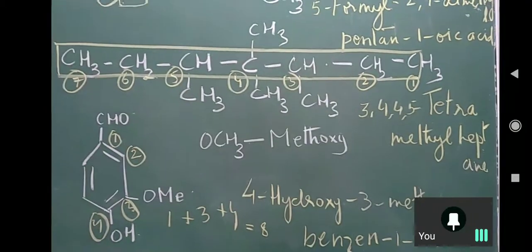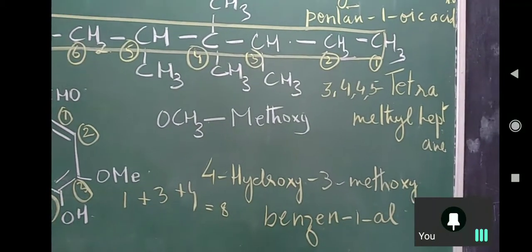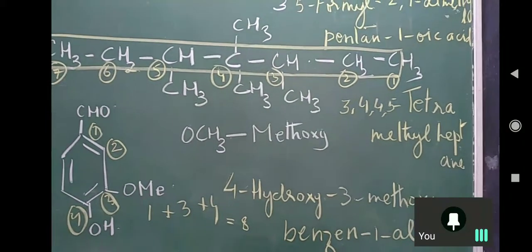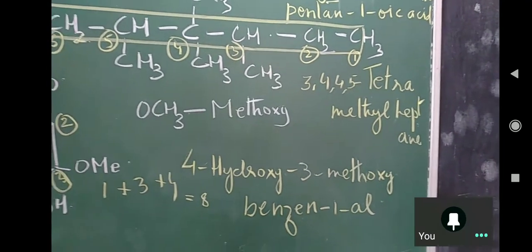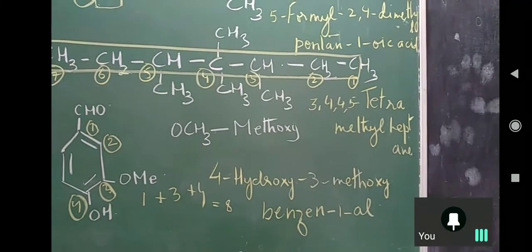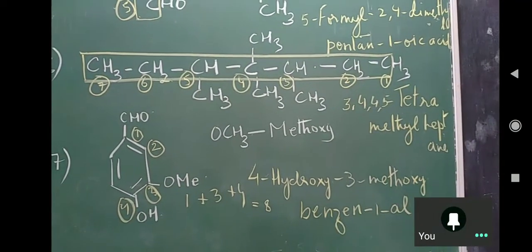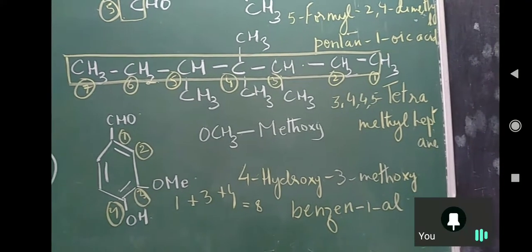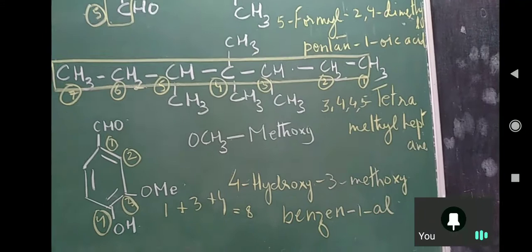So our root word will be benzene. Ending will be al because of aldehyde. It is present at carbon atom number 1. So benzene 1 al. The E I have dropped over there. Then 4 hydroxy, 3 methoxy, because alphabetically H comes before M.